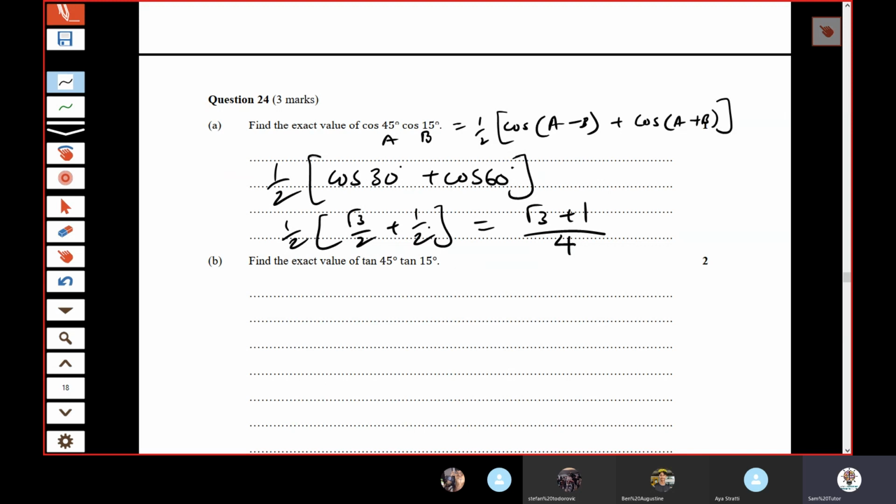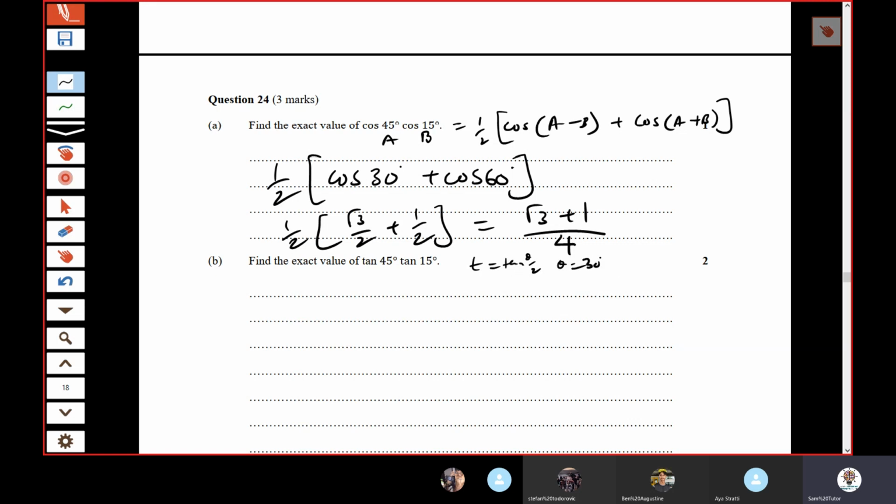Look, just so you're aware of this, I don't see why your T formula wouldn't have worked. It's not a hence question, right? If it was hence, you definitely have to use A. But your T formula would have worked because you would have let T equal tan theta on 2, and then theta is going to be 30 degrees, and that will give you tan 15.